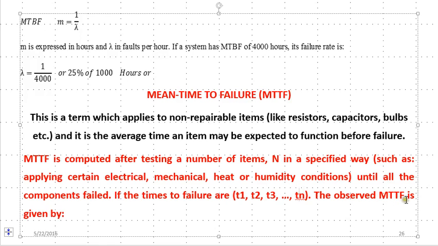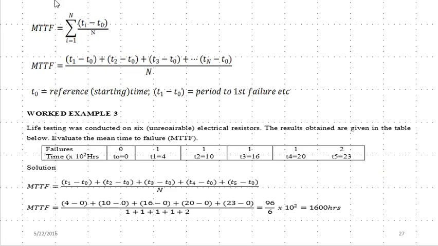So the observed mean time to failure is given by this formula. That is, mean time to failure is the summation of Ti minus T0 all over n, where i goes from 1 to n. Now if we expand it, it will be T1 minus T0 plus T2 minus T0 plus T3 minus T0 up to Tn minus T0, all over n, where n is the number of failures we have.